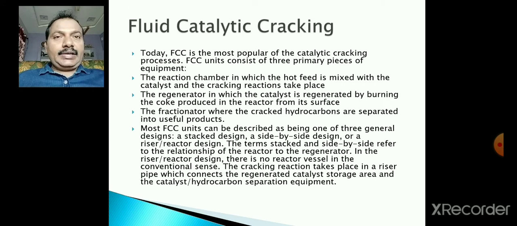Physically we can't locate the reaction chamber, but the reaction pipe which is connected to the catalytic storage area is separate, so that catalytic cracking will take place in that, and the catalyst is continuously available to the riser and reactor design.